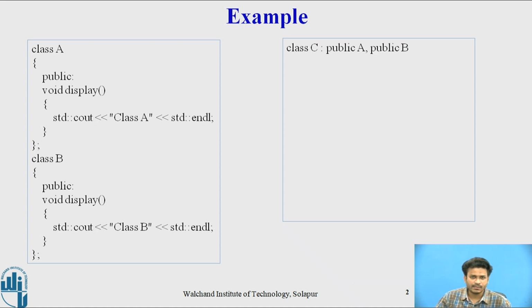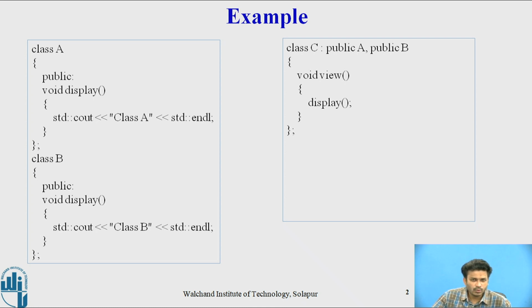But now let's see. Here we'll have class C, and this class C has its own method, called view. And this view is going to call this display function. And the thing is what? This class has inherited the properties of class A and class B. Fine.